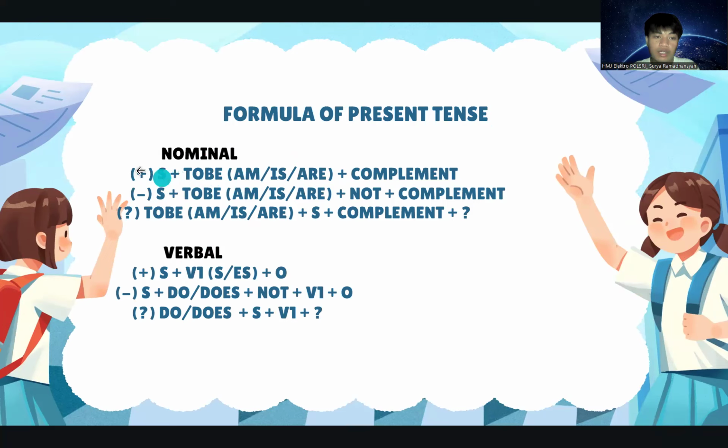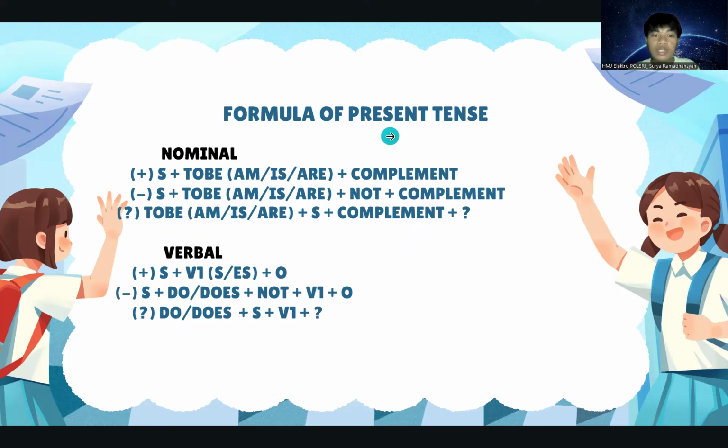The first one is positive form: subject plus to be, am is are, and then plus complement. The negative form is subject plus to be, am is are, plus not, plus complement. And the last one is interrogative form: to be, am is are, plus subject, and then plus complement.